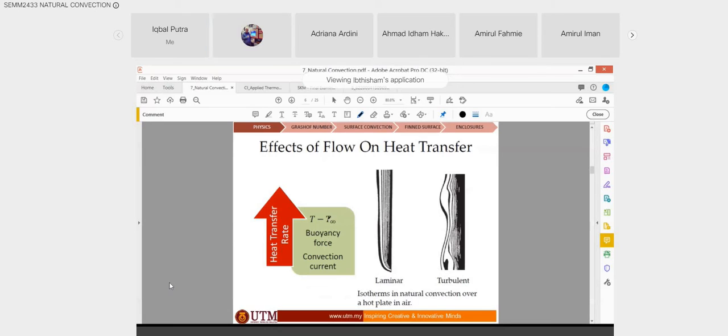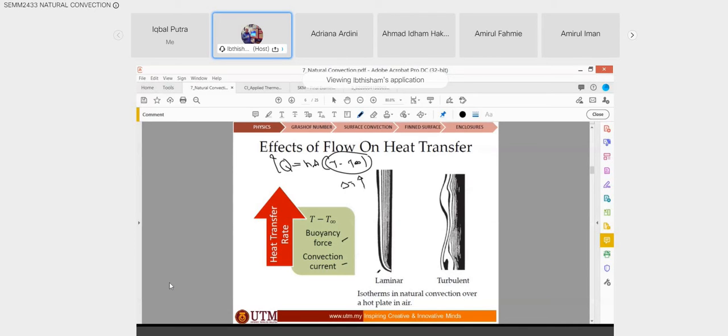So heat transfer rate in natural convection depends on delta T, so T surface minus T ambient. Of course, the basic fundamental equation is hA(T_s minus T_ambient). If you want to increase this, the difference, or delta T, must be higher. Increase in buoyancy force will also increase heat transfer rate.